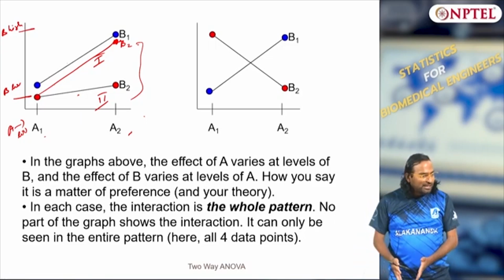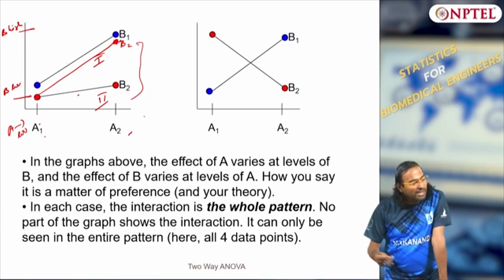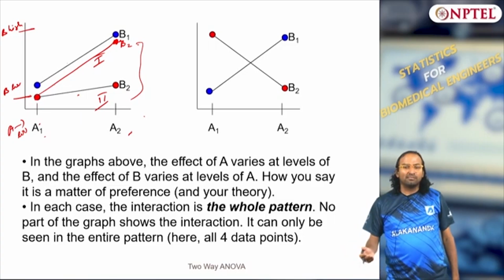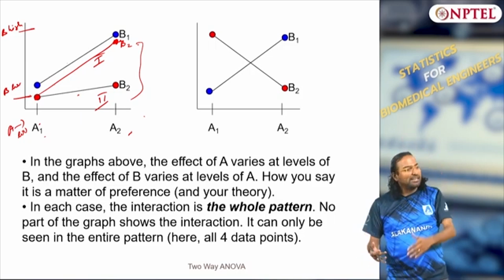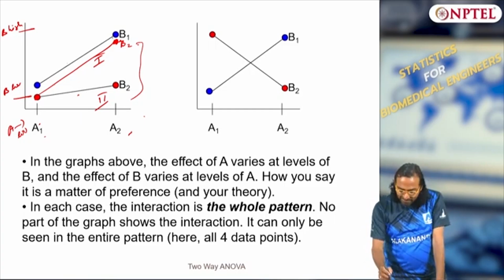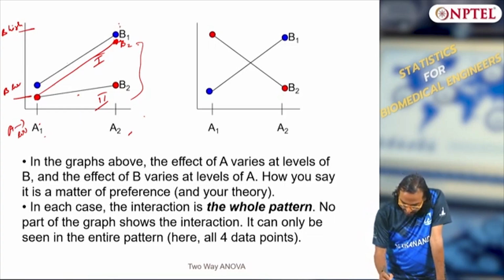Are there any questions here? A low, A high, B low, B high; A1 is nothing but A low. So A low, B low is this point. Now, what do you expect for A high, B high? If it does just a linear change, A high, B high should be higher. And what is this one?